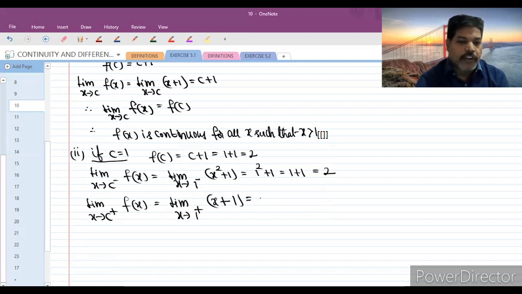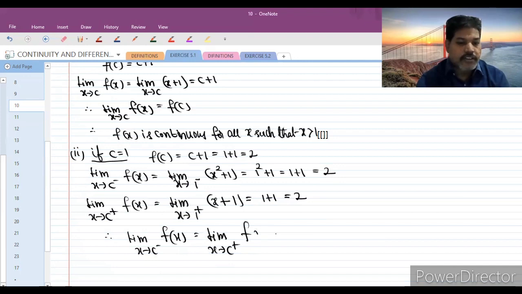So automatically if you apply the limit, it will become 1 plus 1, so it will become 2. So all are equal here, therefore we can write the limit as x tends to c minus of f of x is equal to the limit as x tends to c plus of f of x is equal to f of c.